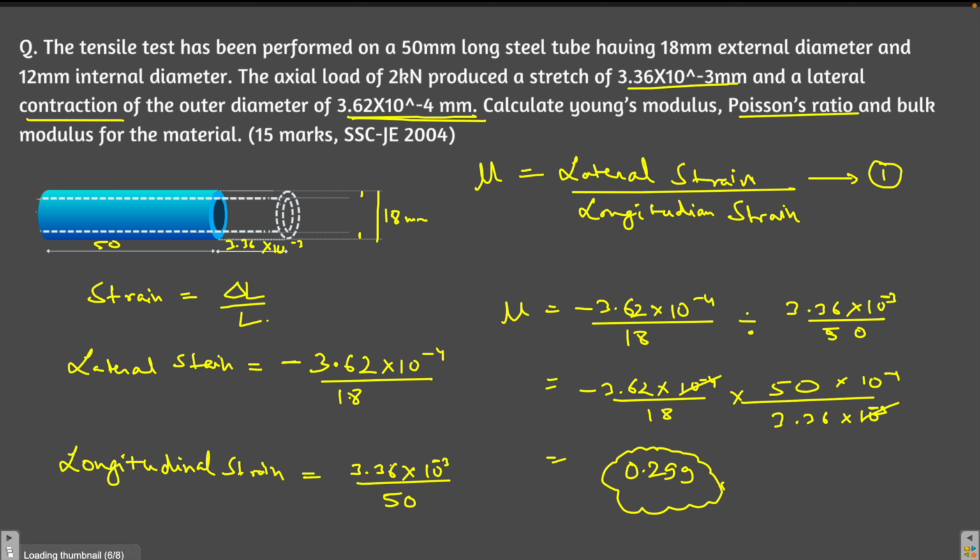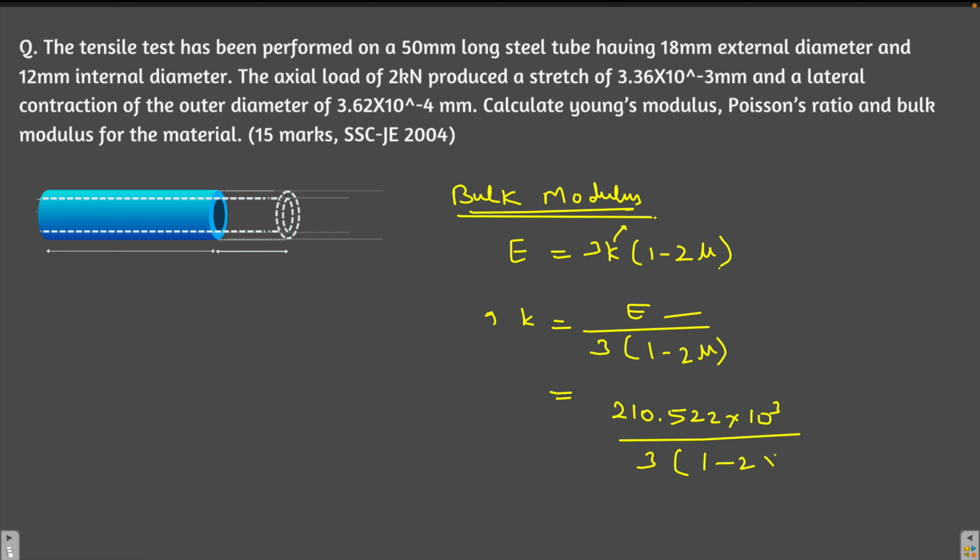What is the value of mu? It is 0.3 almost. And if you solve this, you will get the value of bulk modulus. It will come out to be 1.754 into 10 to the power 5 Newton per millimeter square.